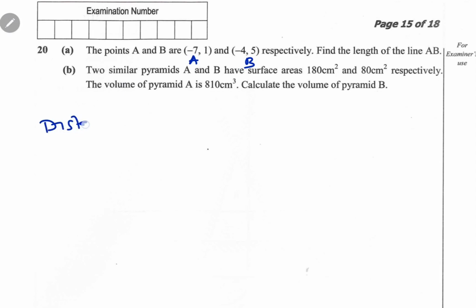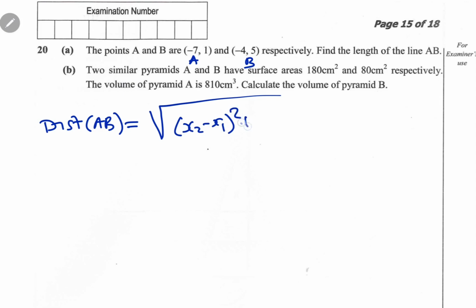The formula is the square root of x2 minus x1 squared plus y2 minus y1 squared. Okay, so let us replace. So we can say this is x1, y1, x2, y2.